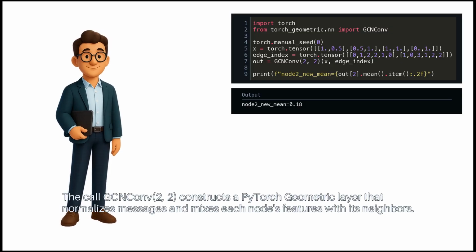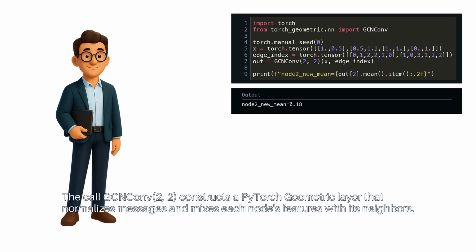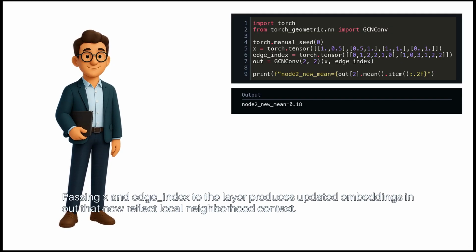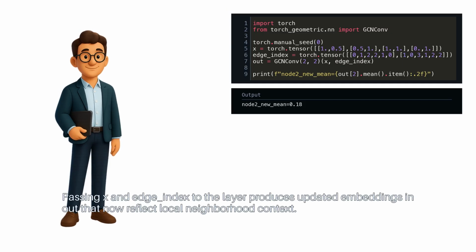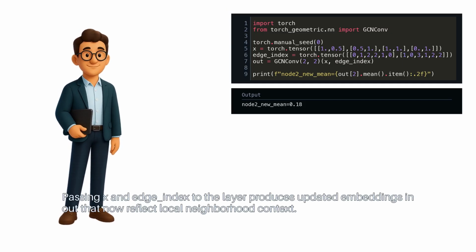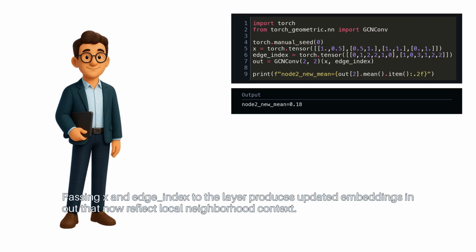The call GCNConv(2, 2) constructs a PyTorch Geometric layer that normalizes messages and mixes each node's features with its neighbors. Passing x and edge_index to the layer produces updated embeddings in out that now reflect local neighborhood context.